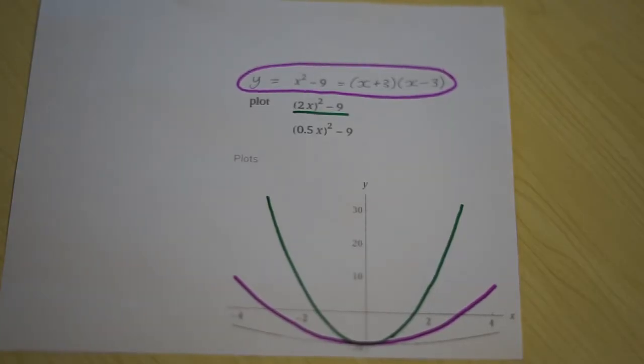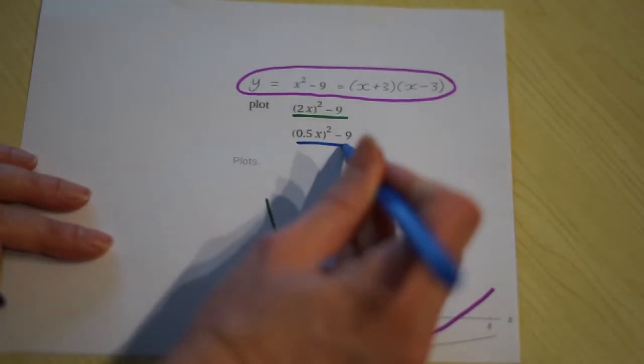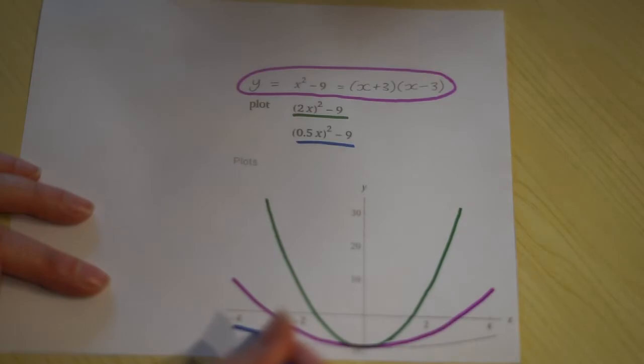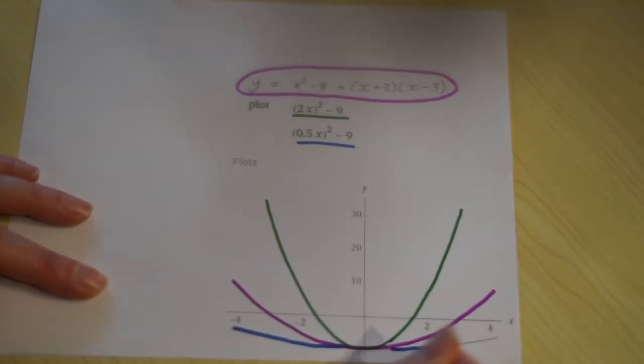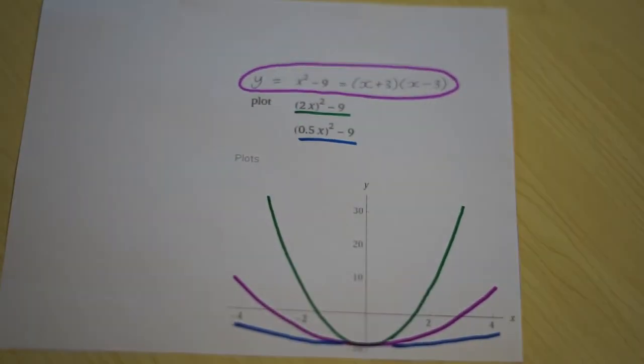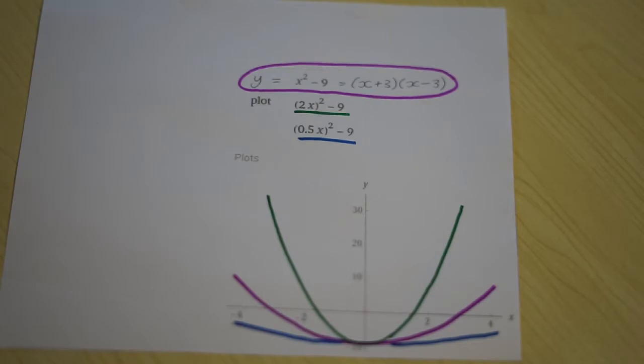And let's have a look at what happens if you multiply all of the values of x within the equation by a half. Let's draw that in blue. They are both horizontal stretches of the original graph by 1 over the multiplied constant.